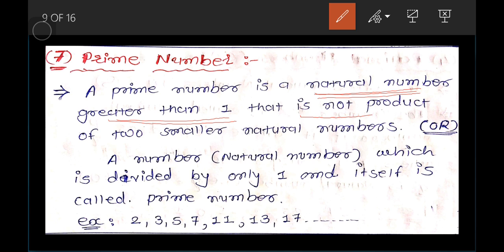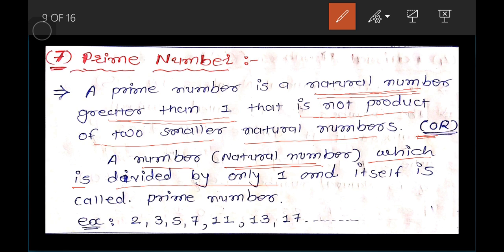It is not the product of any two smaller natural numbers. Or we can say that a natural number which is divisible by only one and itself is called a prime number.